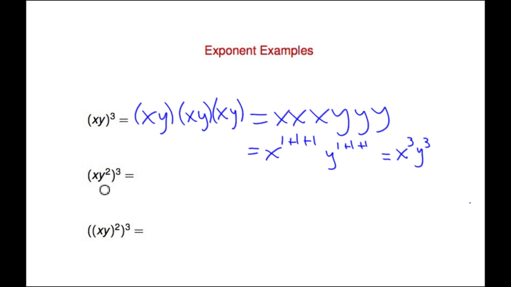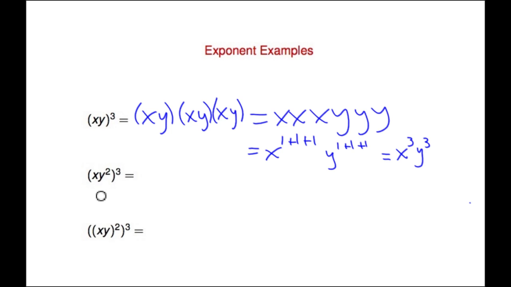Here we have x times y squared all being cubed, right? All being raised to the third power. Note that this is different from the next example where x times y is being squared and then all of that is being cubed. So here, without the parentheses, y is the only thing being squared. X is just a single copy of x and 2 copies of y. And here you have x and y both being squared.